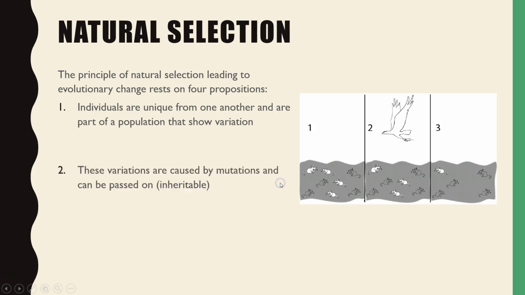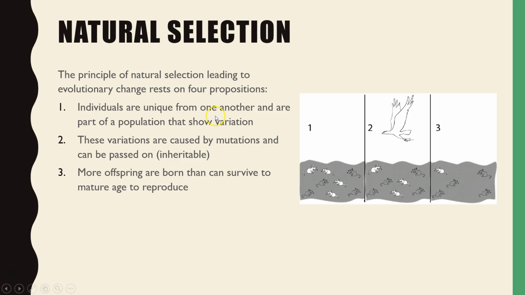So this is the process by which natural selection occurs, and I've already gone through a little bit of this, but we have individuals that are unique from one another. So we have the white mice and the grey mice. They have different genotypes. These variations are caused by mutations, which are inheritable. So they pass from one generation to the next, from mother to son, or father to daughter, etc. The more offspring are born that can survive into mature age to reproduce, the better.